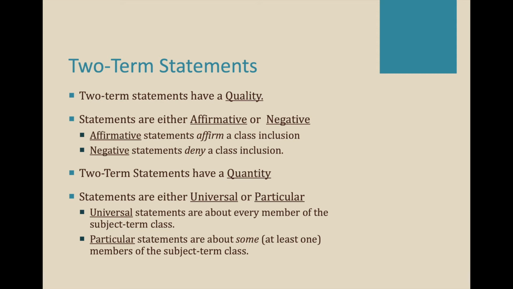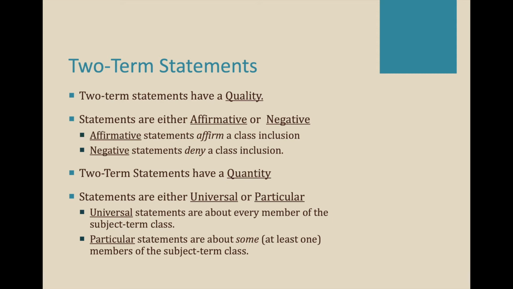But in other words, in a universal statement, the statement is about every member of the subject term class. Either they are all included or none of them are included, right? But the statement, whether it affirms or denies a class inclusion, in a universal statement, the statement is made about every member of the subject term class.